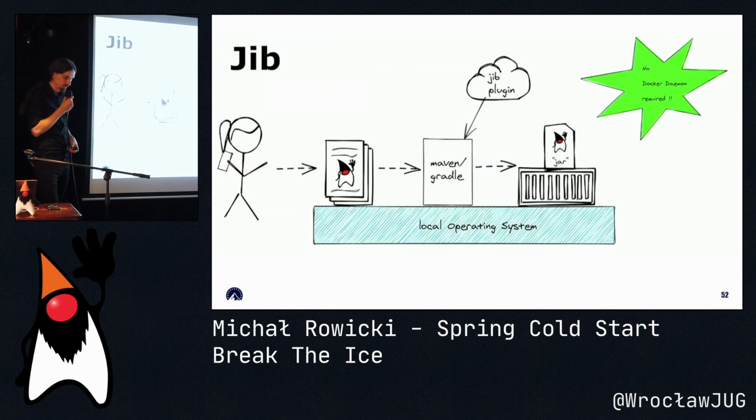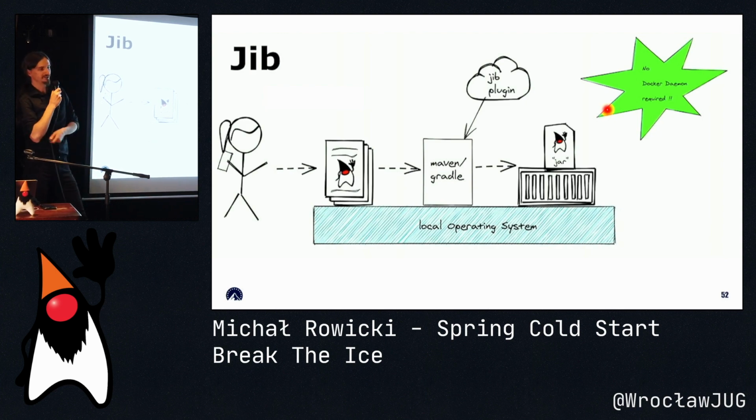Another tool which is advertised as one which can produce images. What time do I have? Okay. It is Jib. This one is nice. Of course, it adds a layer of abstraction, but it gives the very nice feature that it doesn't need the Docker daemon.